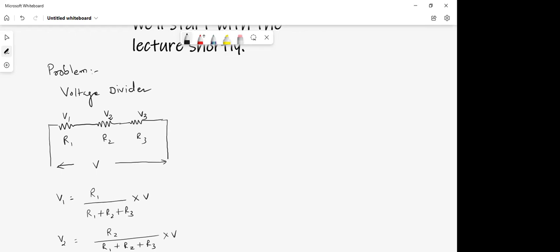Now, this was the first point which I had given you. Second point which I had given you was current divider. In current divider, we saw that it is nothing but a parallel network.